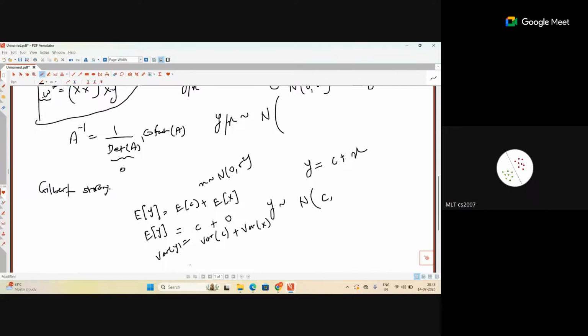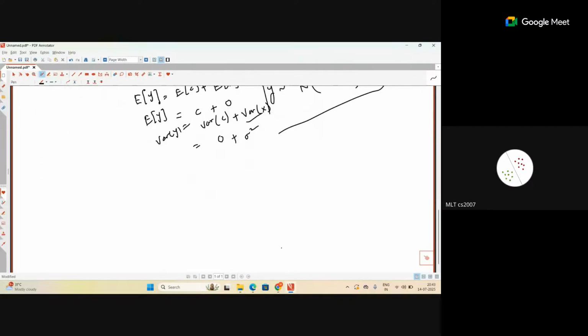Variance of any constant is 0, because there is no variability. And the variance of x we have taken to be sigma square. So the variance of y will be sigma square. So the distribution of y is normal with mean c and variance sigma square.